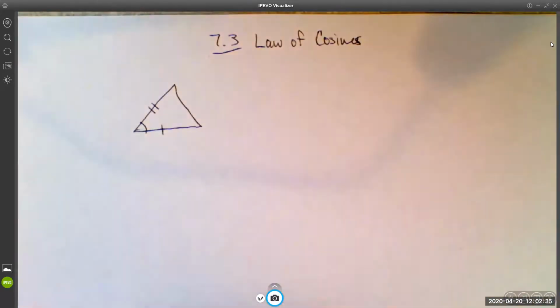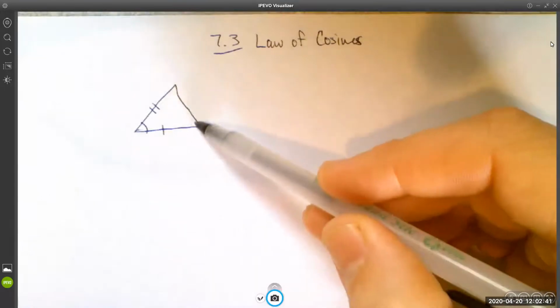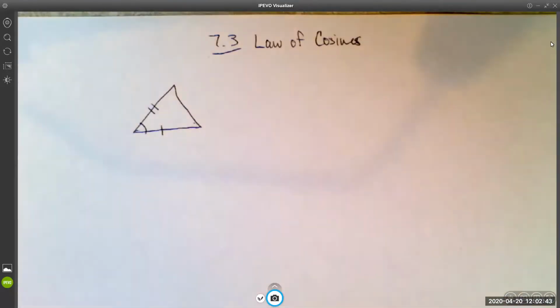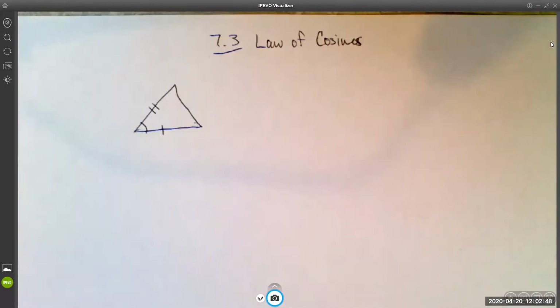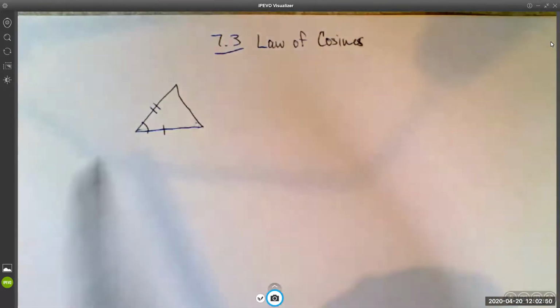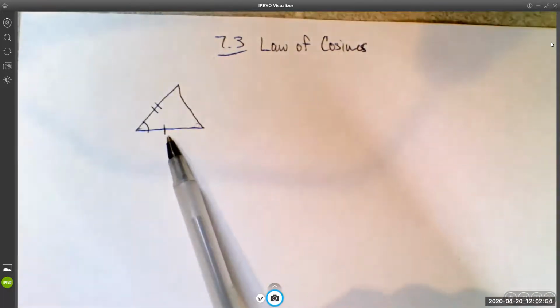But if you try to set up that equation, you're going to have two pieces of missing information because you don't know this side and you don't know this angle, right? Same thing goes for any other combination of the law of sines that you could think of. You just don't have enough information here to use law of sines to solve this triangle.